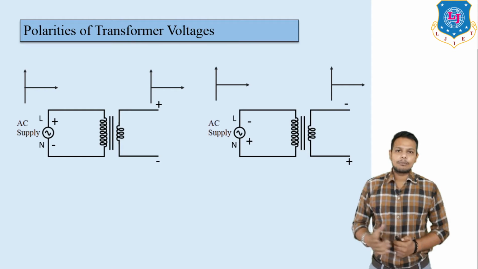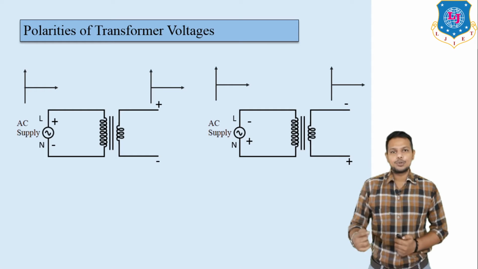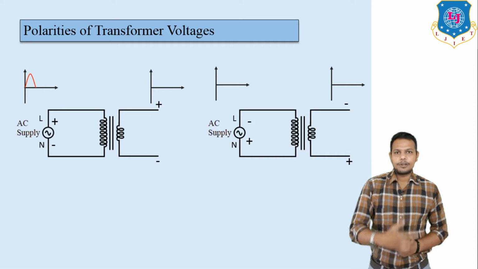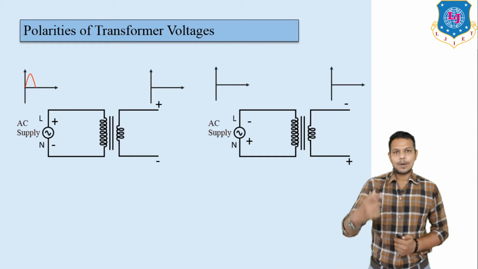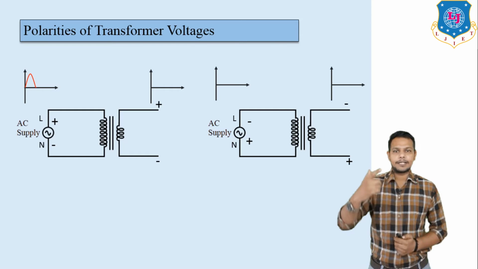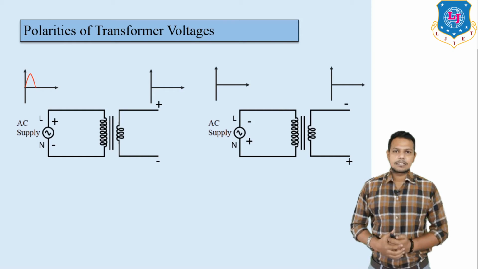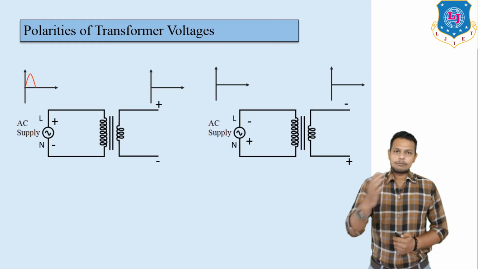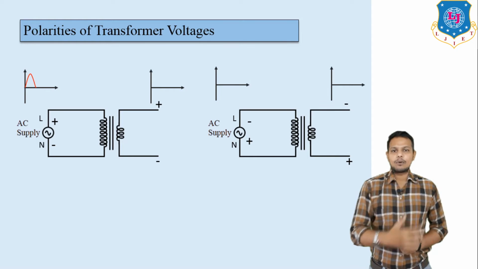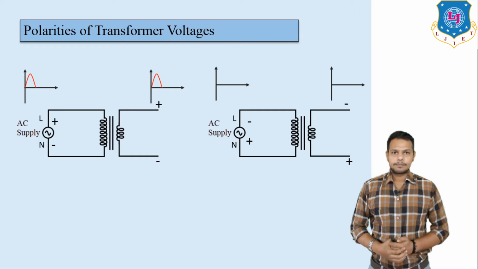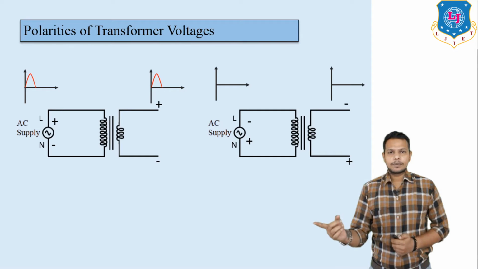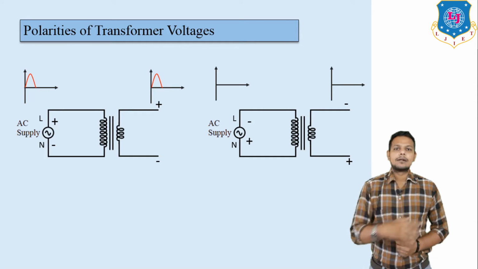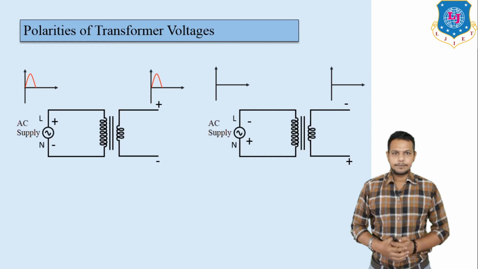Current always flows from line to neutral, or we can say live to neutral. So if we enter a positive waveform, here we can see the polarities plus and minus. Your final transformation is like this: if you enter positive, you will get positive at the output side.